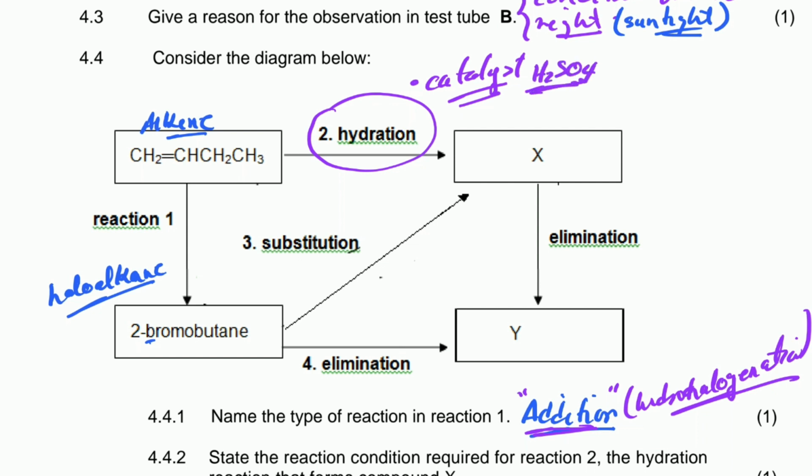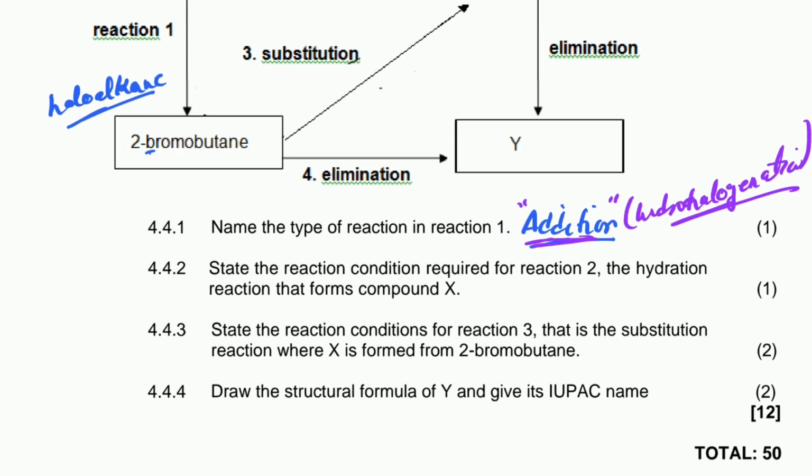That is the first condition. The second condition, you need water, a lot of water. I write it in symbol, please write it in word. Lot of water. Those are the conditions for that specific reaction.